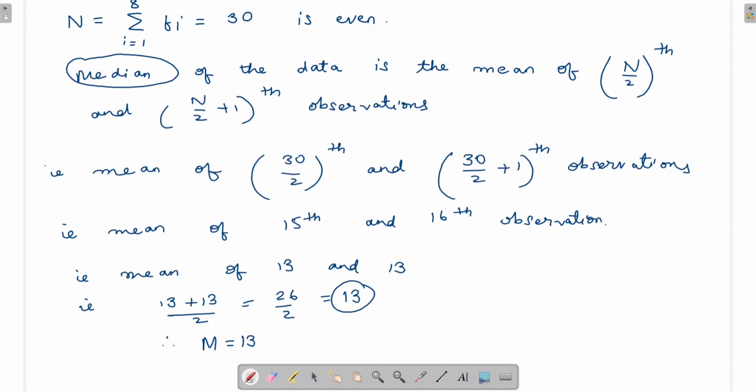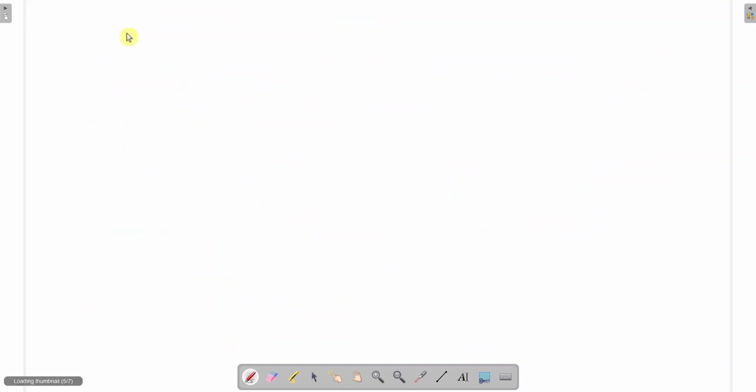Now we can go to finding the mean deviation about the median.